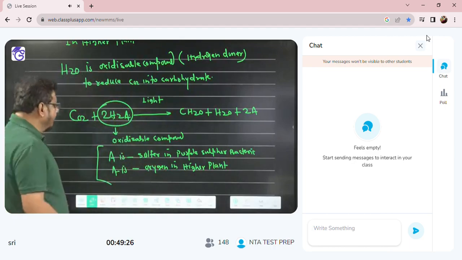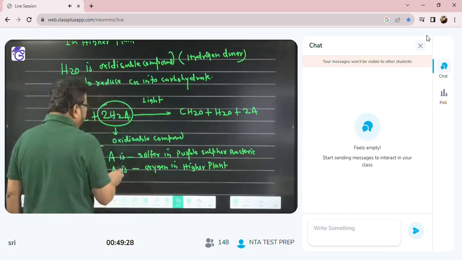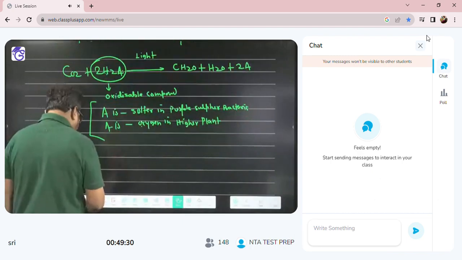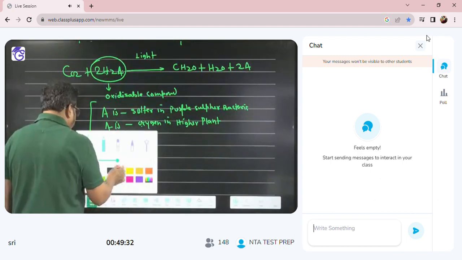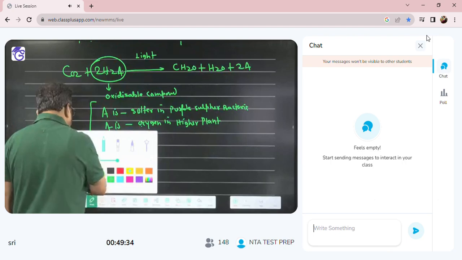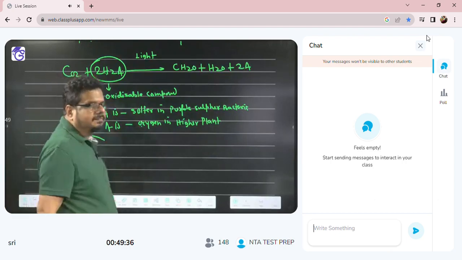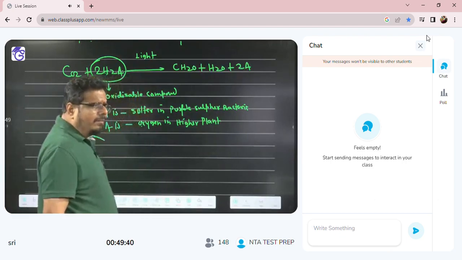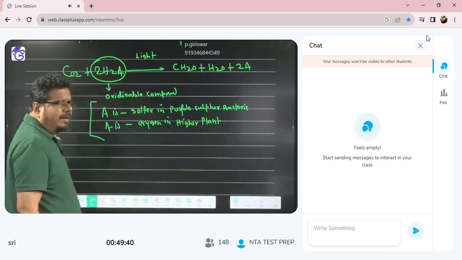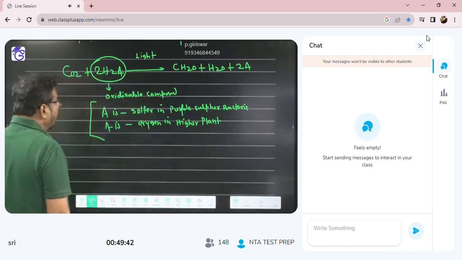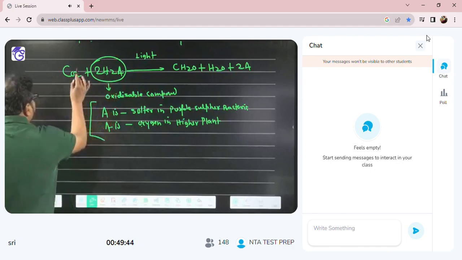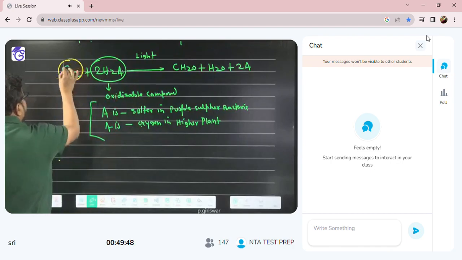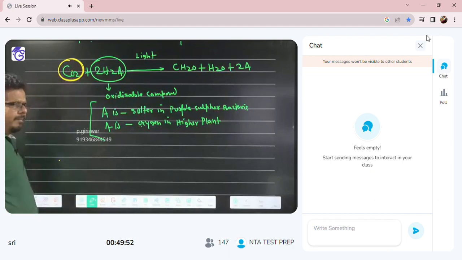Now we are moving ahead. Give your attention. Based on these observations, Van Niel gave a very important finding. What very important finding Van Niel have given? Either in bacterial photosynthesis or photosynthesis in higher plant, who is common? CO2 is common.